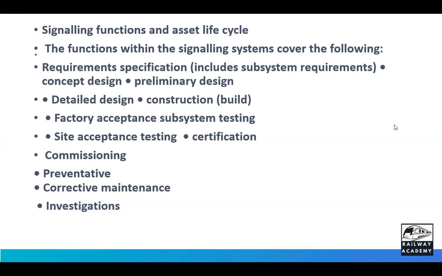I'm sorry, it's not concept design. So here they say preliminary design, detailed design, construction, factory acceptance, site acceptance, certification, commissioning, and then afterwards handed over to maintenance, then preventive maintenance, corrective maintenance, investigations on failures and accidents. All these things they are talking about as the life cycle of the project.